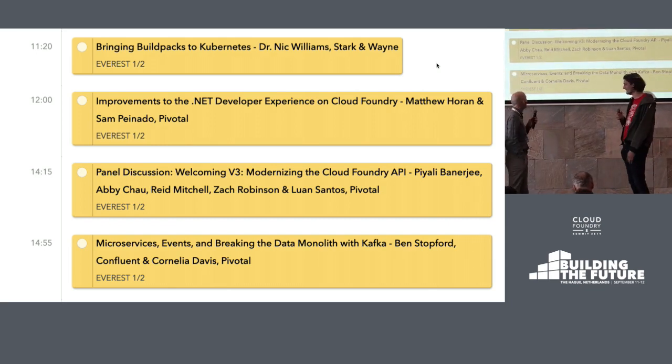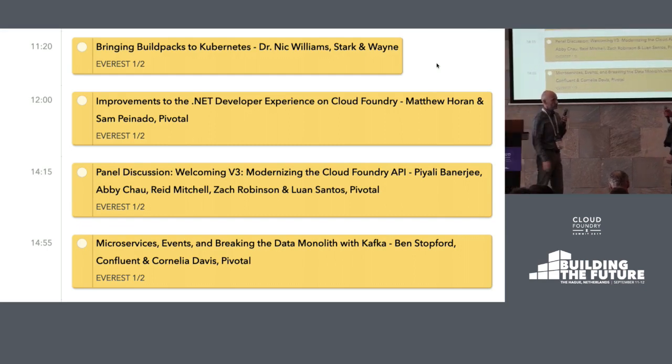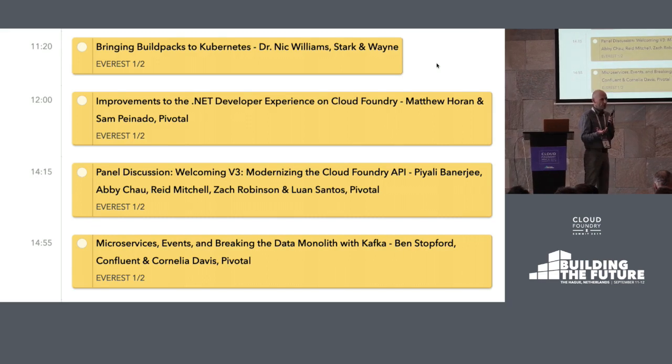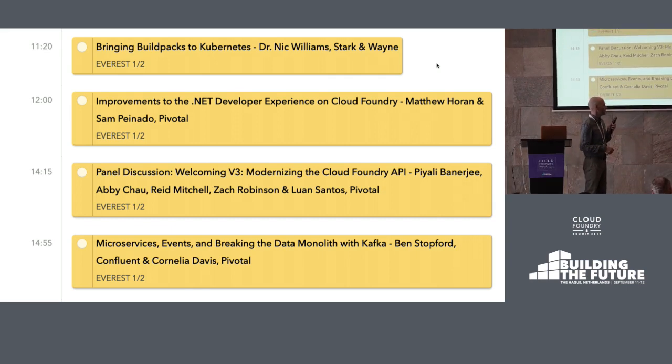And then we've got some things about .NET, for example. So improvements in the .NET developer experience, especially if you're working in an organization where you've got lots of different developers with lots of different skill sets. We think that is an important thing to talk about. We've got changes to the V3 API for Cloud Foundry as well, and how developers might want to leverage that.